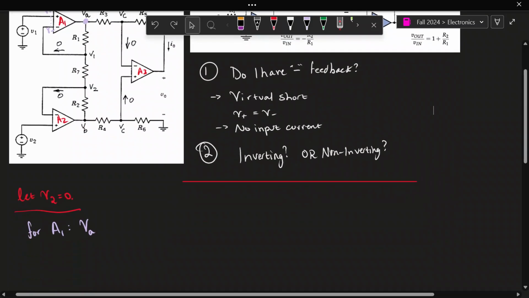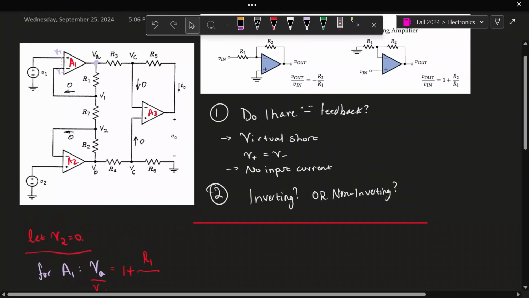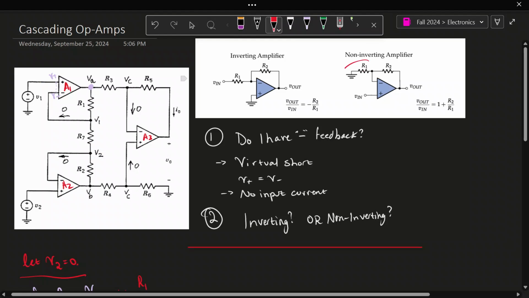So VA is equal to what? VA over VN is equal to 1 plus R feedback, which in our case is R1, divided by, well, now we have this, and R1 is connected to ground.